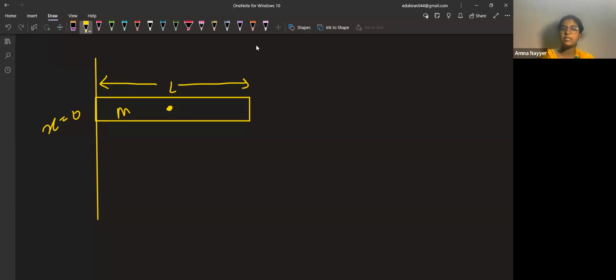The man was standing here initially, towards the end. Now the man starts moving towards the left. Now when the man starts moving towards the left, the plank shifts a bit towards the right. It's like this is the plank. Suppose the person is here.